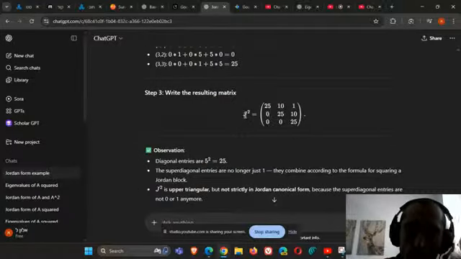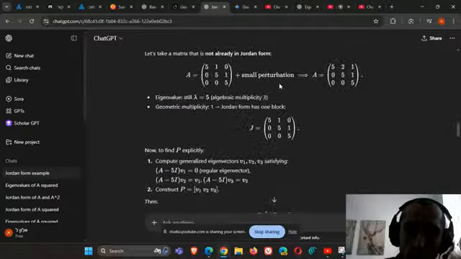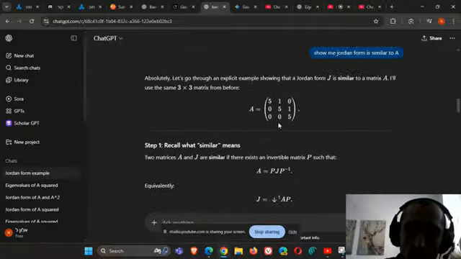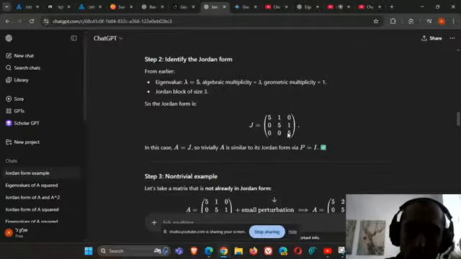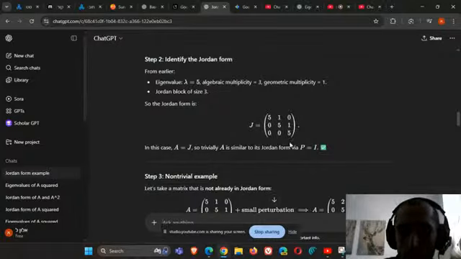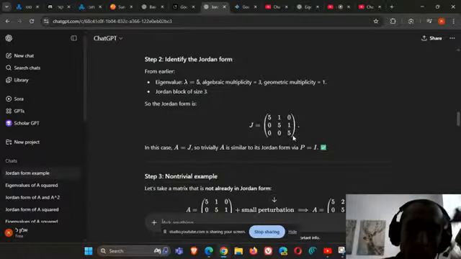So if, for example, I have a matrix A and it's similar to a Jordan form like this, I know that the eigenvalues of A are 5, because in a triangular matrix the eigenvalues are on the diagonal. And if A is similar to this, A has the same eigenvalues, so it's 5.